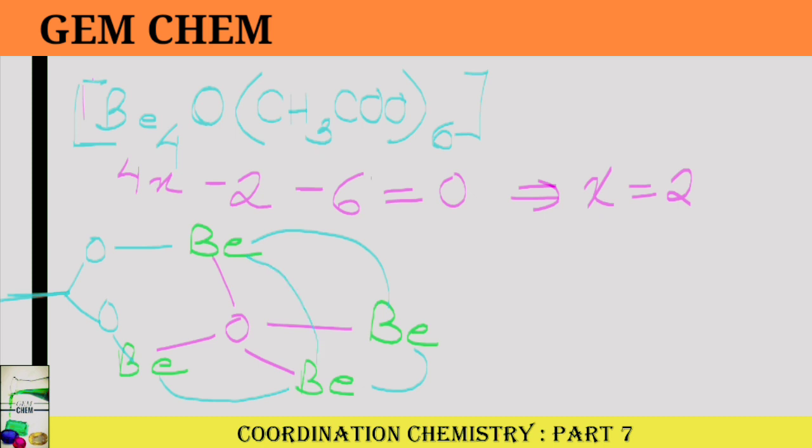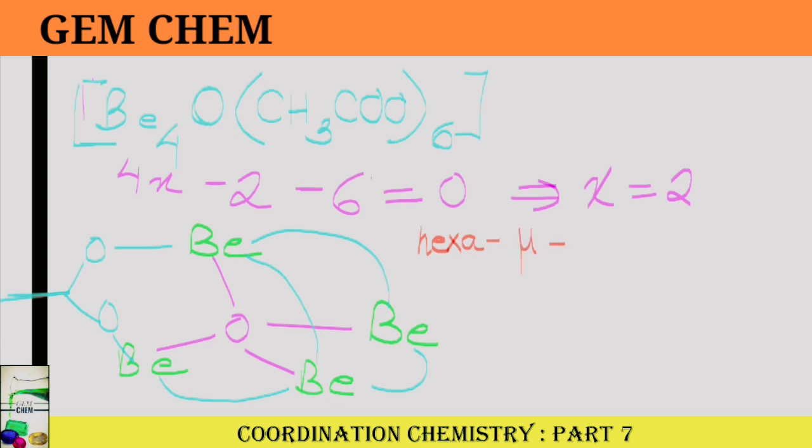So from here you can understand that there will be 6 acetate bridging ligand and there will be 1 oxide which is connecting with the 4 beryllium. So we can write it as, start writing hexa dash mu.